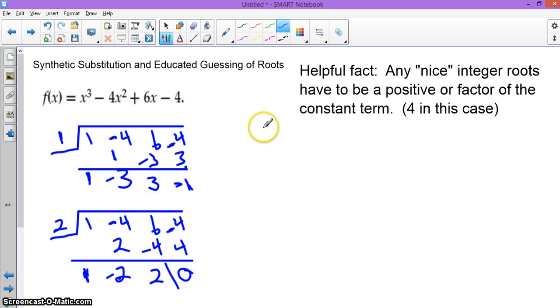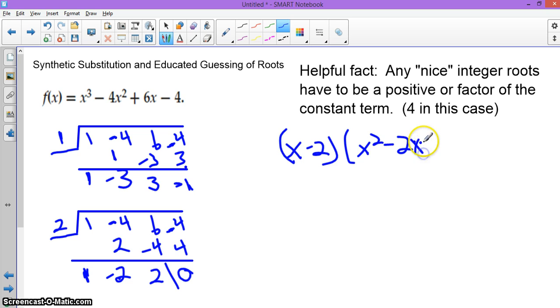So one factor is x minus 2, because we got 2 as a root, and then what's left over is x squared minus 2x plus 2 equals 0. Okay?